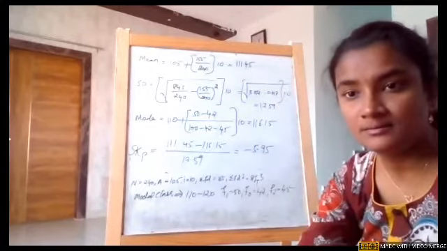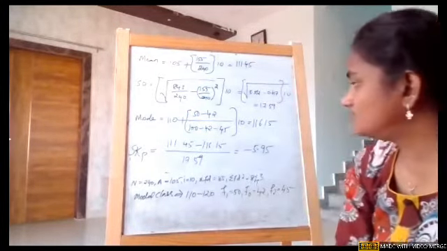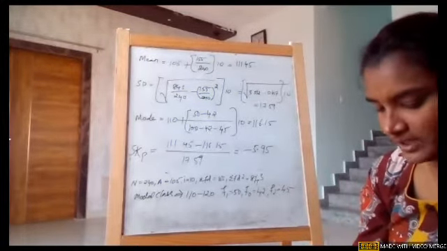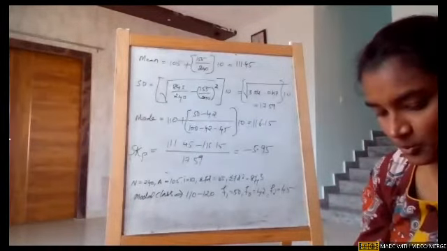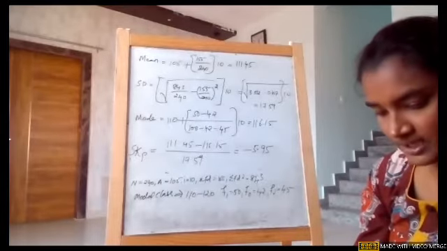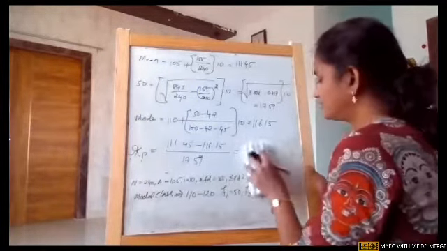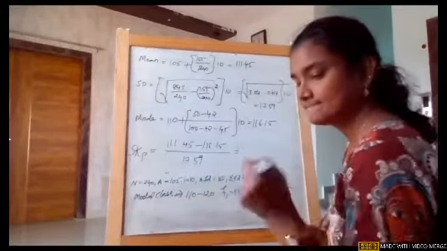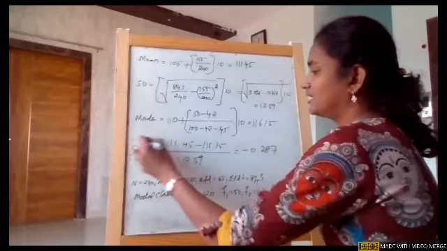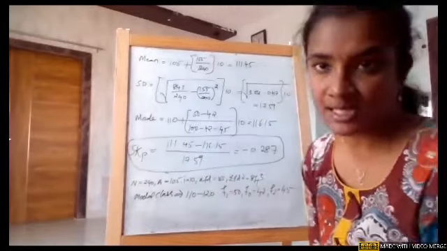Ma'am, I got minus 0.26. Okay, let me go with it. 111.45 minus 116.15 divided by 17.59. Yeah, what you got is correct. Maybe I wrote before dividing. So minus 0.287. So the only difference is the formula, right?